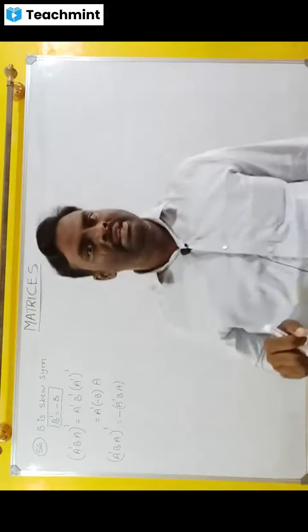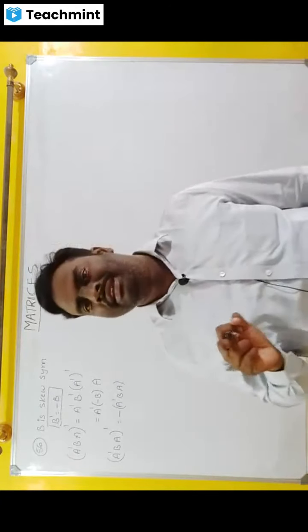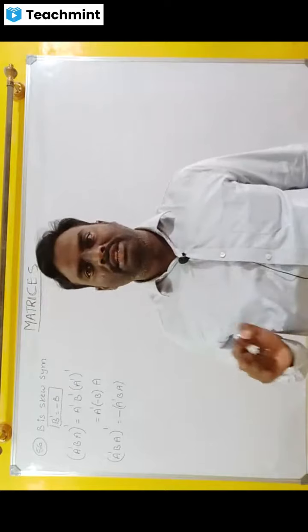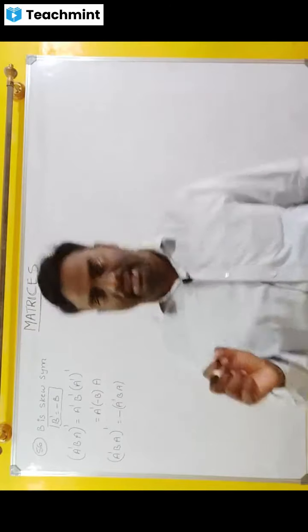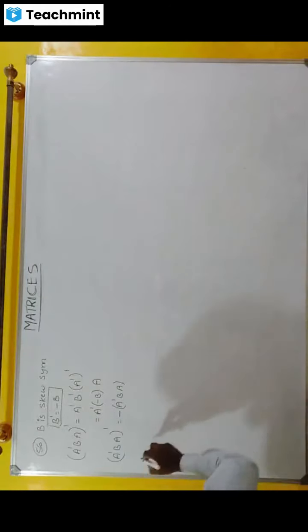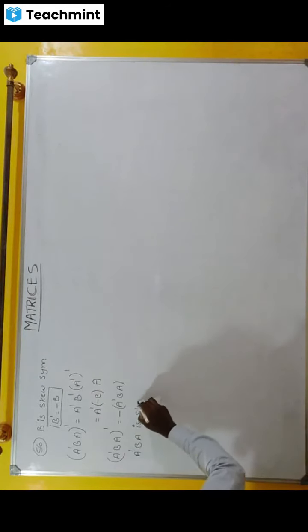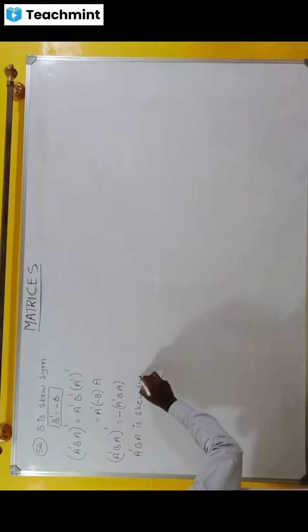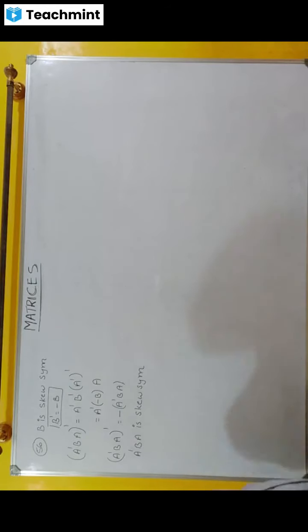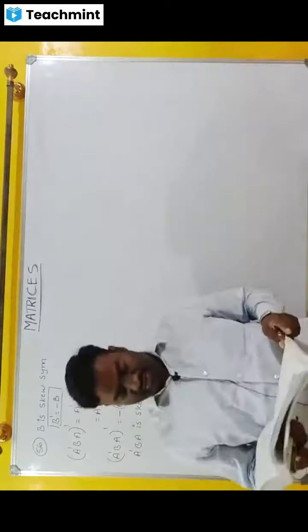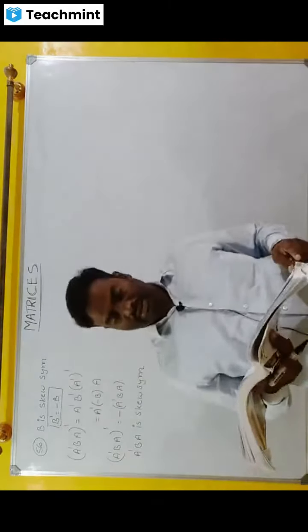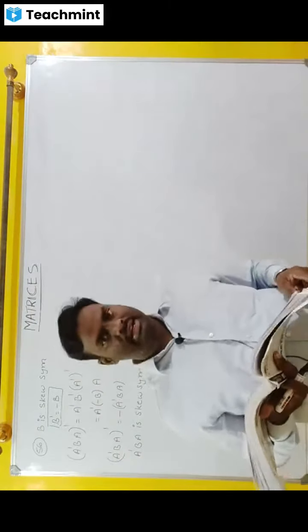If a negative symbol is there, it cannot be considered a symmetric matrix. It is what? Skew symmetric matrix. Therefore, we can write A dash B A is a skew symmetric matrix. This is the answer for question number 56. The third option is the correct answer.